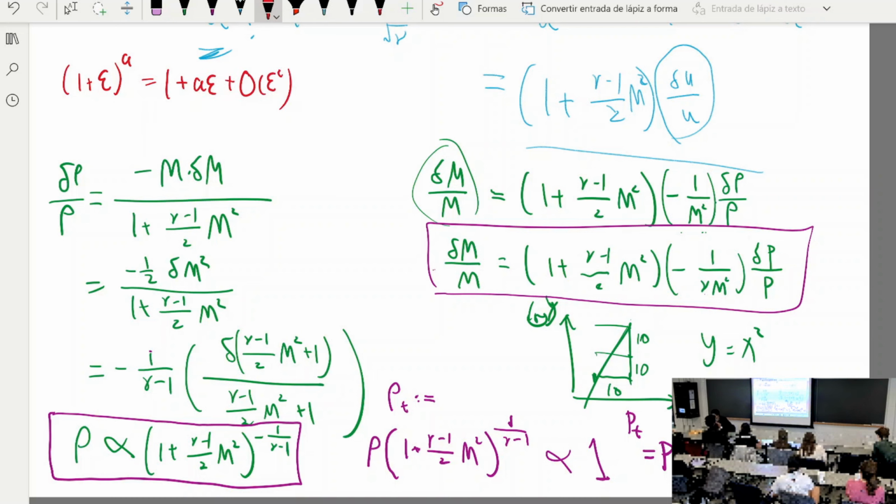So if Mach number is very small, this is equal to 1 plus the power times the small term, right? Okay, and in this product, the gamma minus 1 cancels out. What you end up getting is 1 plus gamma over 2 times M squared. Alright?